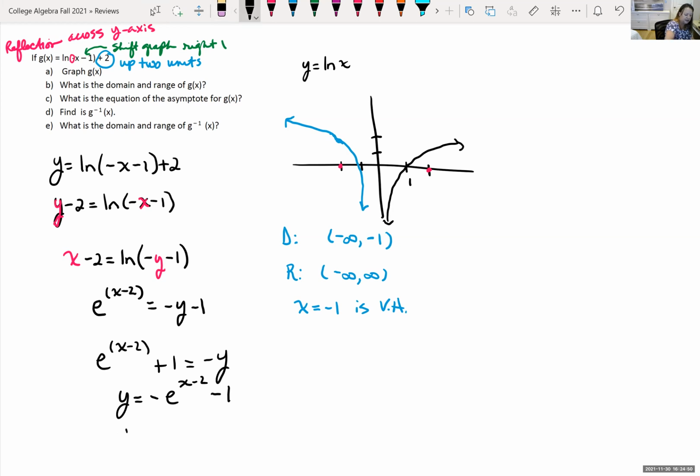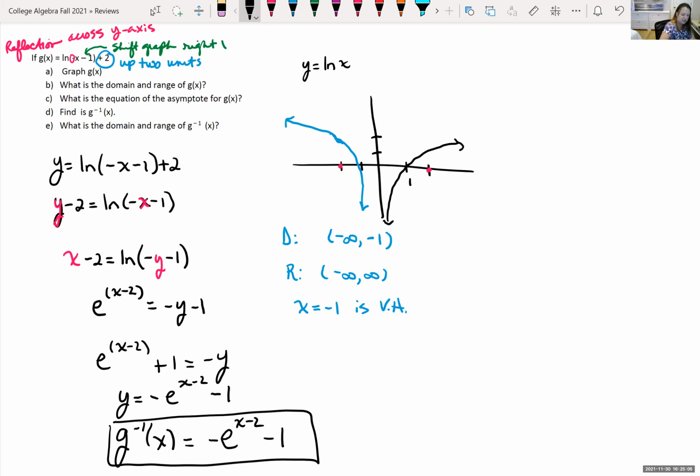So g inverse of x is equal to negative e raised to the x minus 2, minus 1. Again, the domain and range of these functions are swapped from the original function. So our domain is negative infinity to infinity, and our range is negative infinity to negative 1.